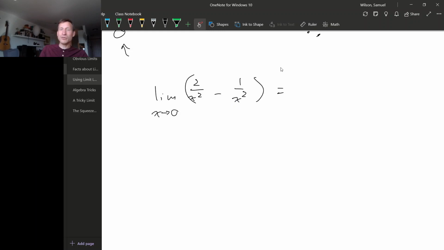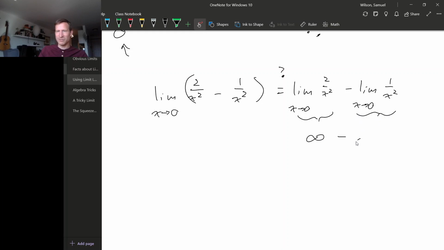So if we could use the limit laws, this would be the limit as x goes to 0 of 2 over x squared minus the limit as x goes to 0 of 1 over x squared. And this limit here, that's infinity. This limit is also infinity.